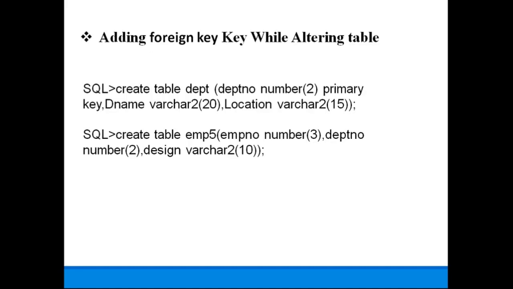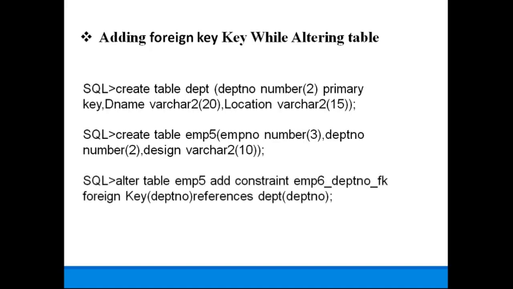Then we can add a foreign key constraint in emp5 table by using the alter table command. Right, alter table emp5. Here I use the add clause for adding the constraint.